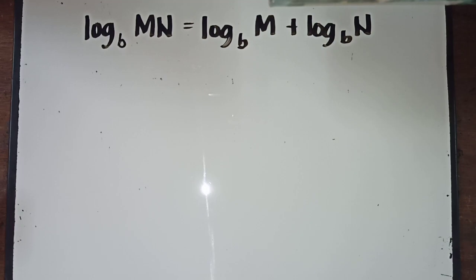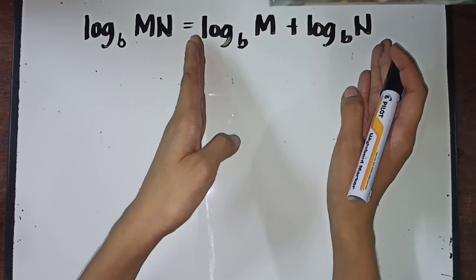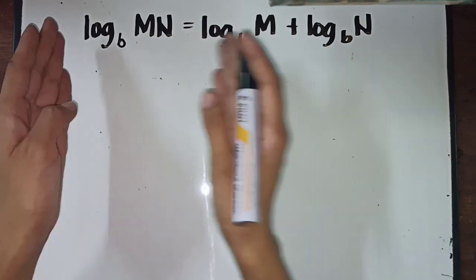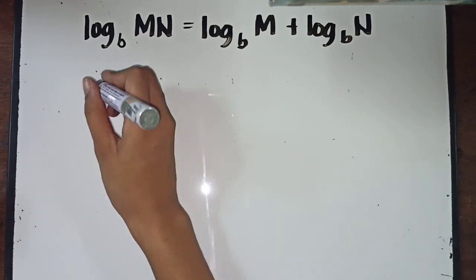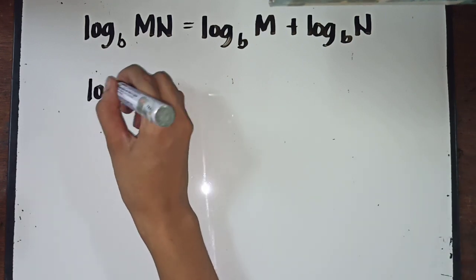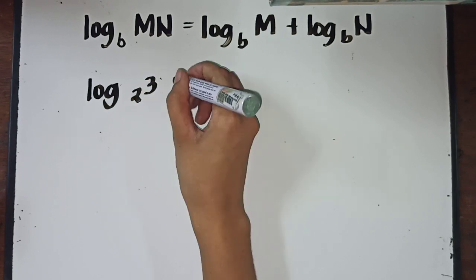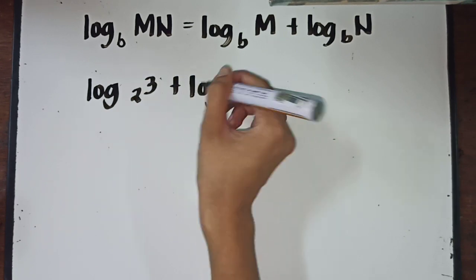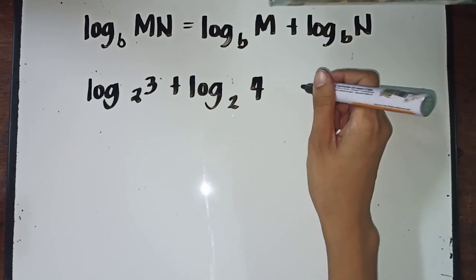So, paano naman kapag ang given natin is sum of the logarithmic expressions and we're going to find the single logarithm. So, for example, our given is logarithm of 3 to the base 2 plus the logarithm of 4 to the base 2.